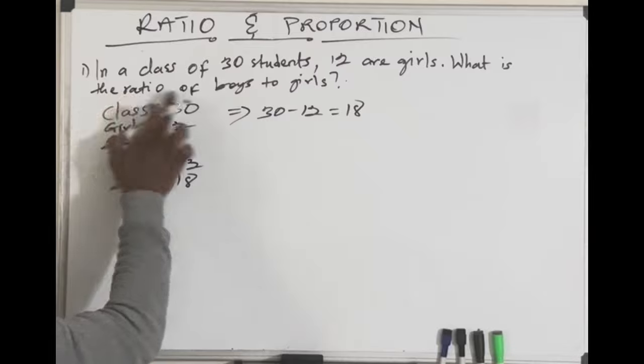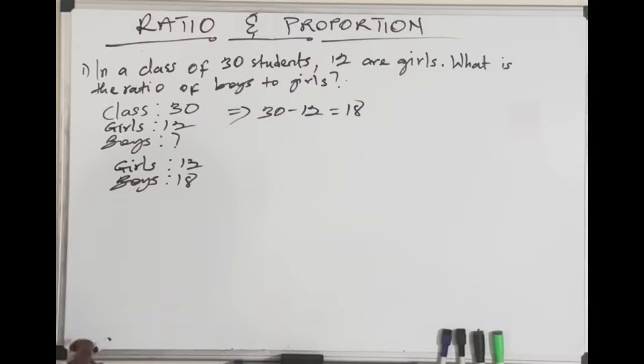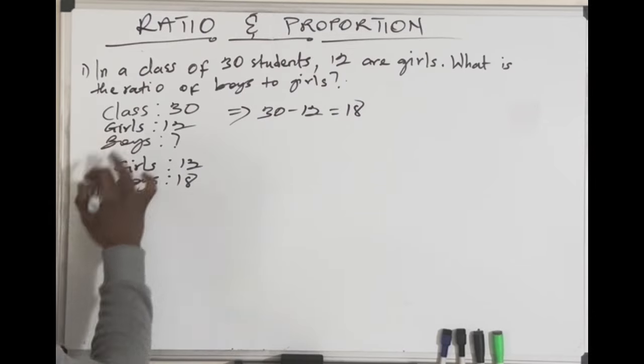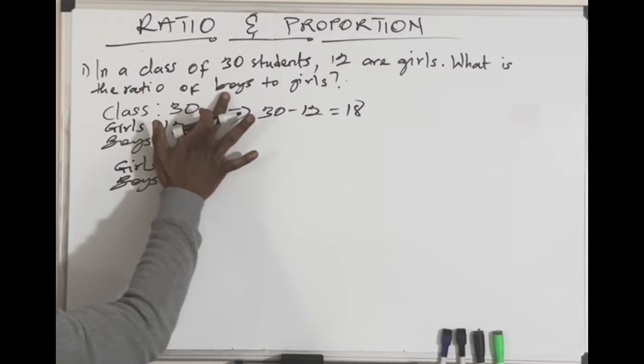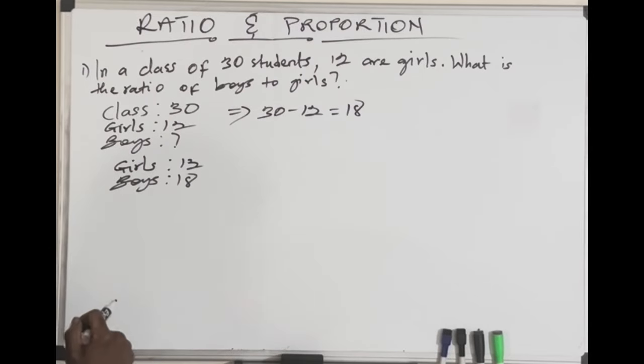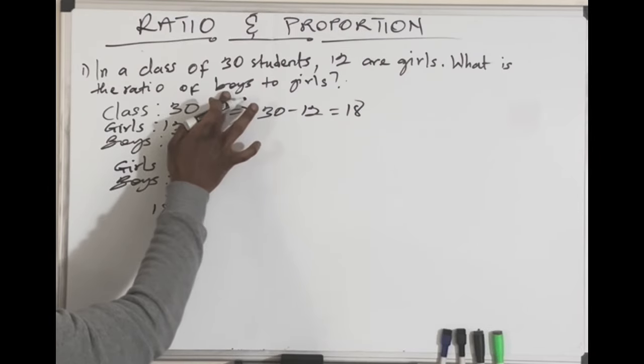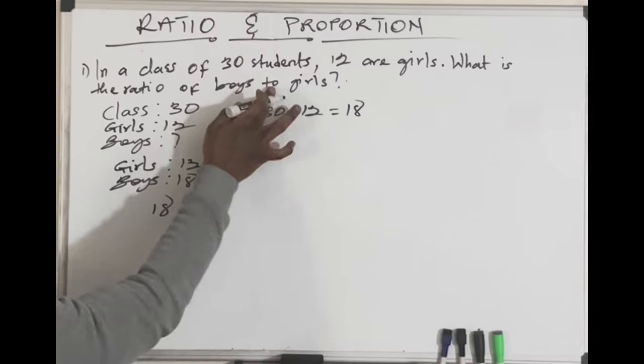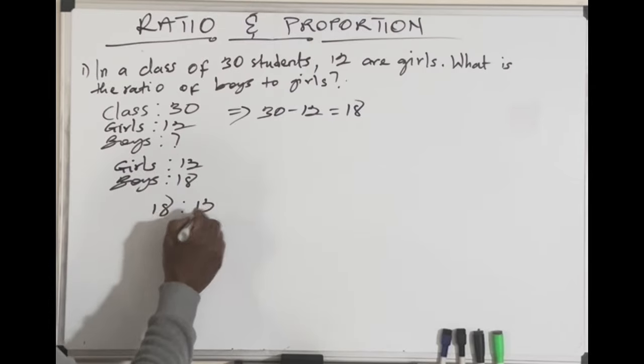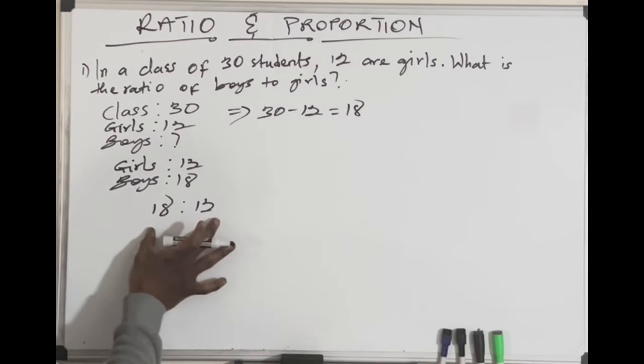What is the ratio of boys to girls? We need to turn things upside down because it's boys to girls. That's what we made mention of earlier on. Okay, so it's what? 18 because boys first, to girls 12. This will be the final answer.